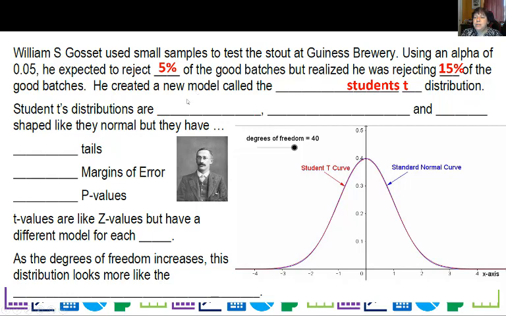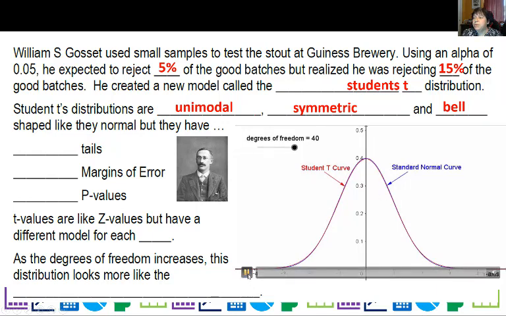Now, these student's t distributions are unimodal, symmetric, and bell-shaped. So right here, the red curve is the student's t curve when we have a lot of degrees of freedom, like 40 here. The standard normal curve, which we've been using, is the blue one. So what happens as our degrees of freedom go down?